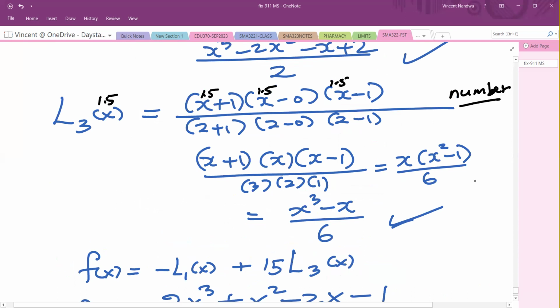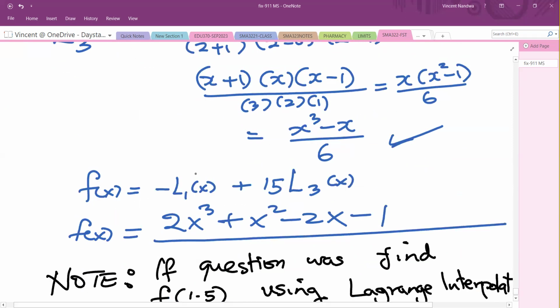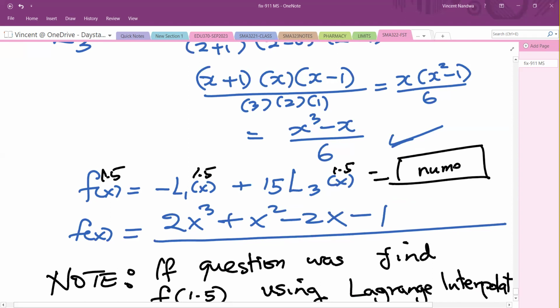So that by the time you reach here, L1 of 1.5, L3 of 1.5, you'll be having minus 1 times the number you obtained for L1 of 1.5 plus 15 L3 of 1.5, the number you obtained for L3 of 1.5. And so then f at 1.5, you'll just get a numerical value without necessarily going into the polynomial itself.